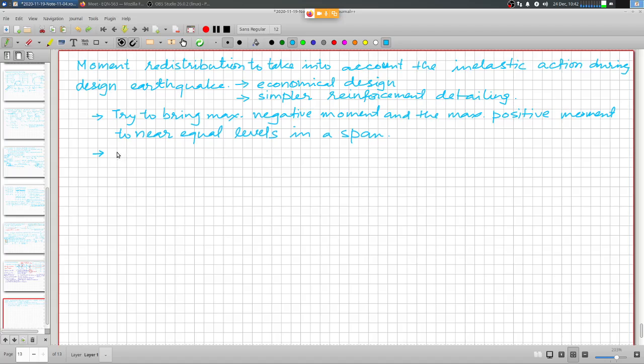But in order to ensure that it does not lead to very large deformation, very large rotation, which will lead to other secondary effects, because all through we work with the proposition that the deformations are small, and secondary effects including P delta effects are not really strong enough to make it a matter of concern.